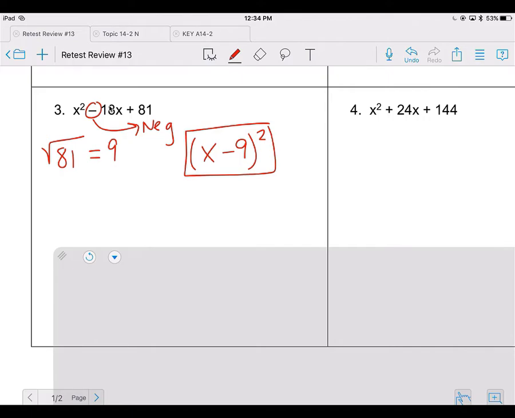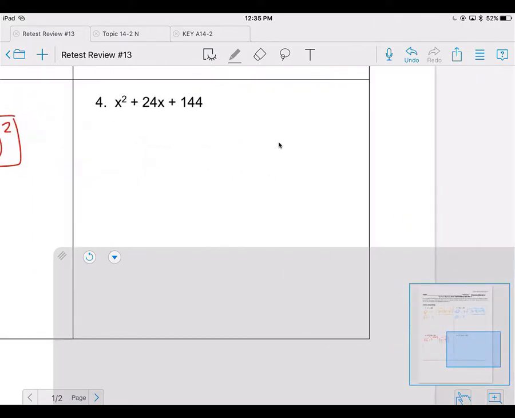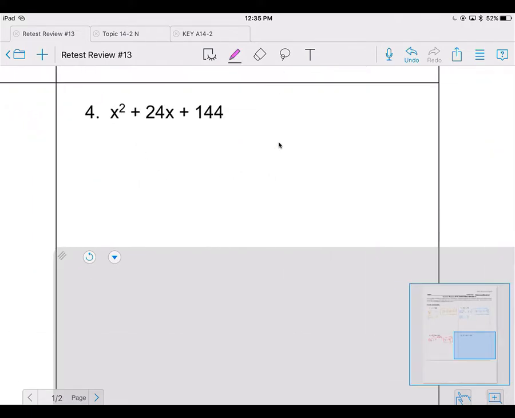So my middle term is a negative, so it's x plus or minus, you follow the middle term. So you take the square root of the last number, that's what goes in the back, x goes in the front, and then the sign for what goes in the middle follows the middle, and the squared has to go on the outside. Again, you can use the box to factor, and you'll get the same thing.